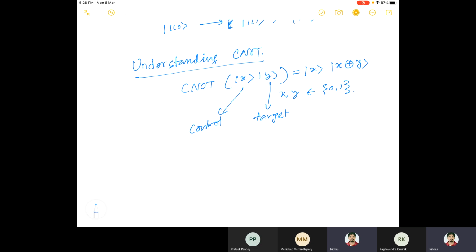In Math 2, you probably have done this: if you have a linear transformation, what is its corresponding matrix representation? The same thing is happening here. I know the transformation, what is the output corresponding to the input, which are the standard basis elements. So from here I should be able to construct the matrix representation of the CNOT gate.